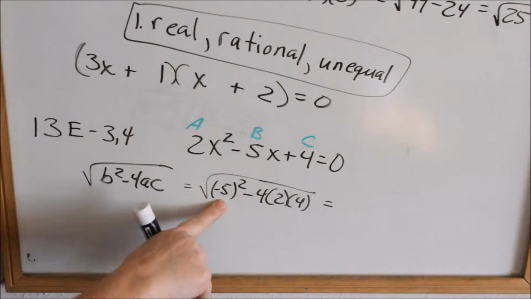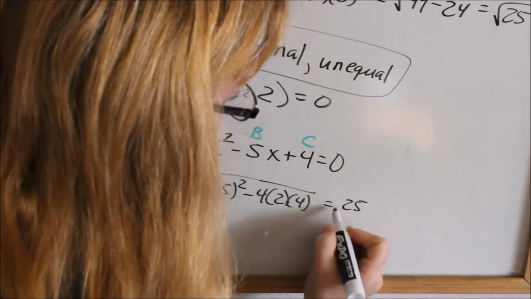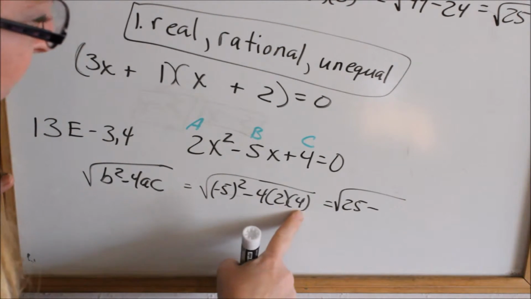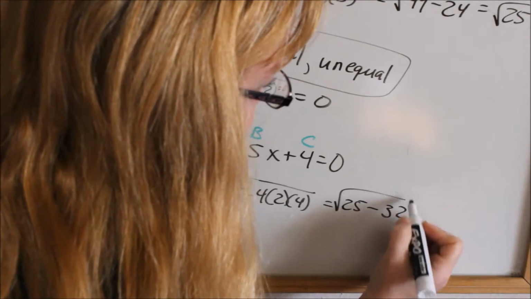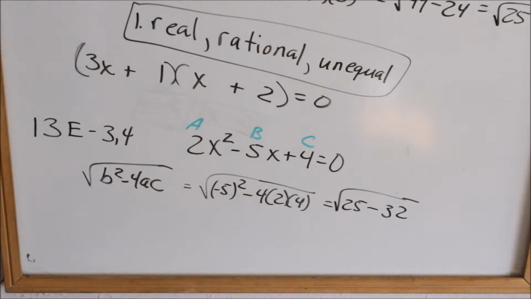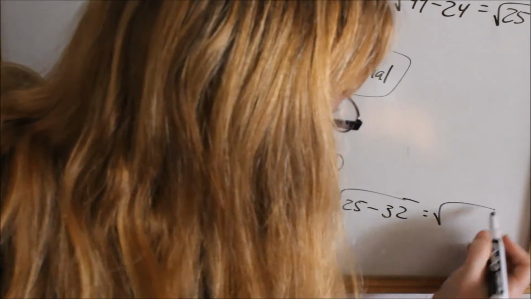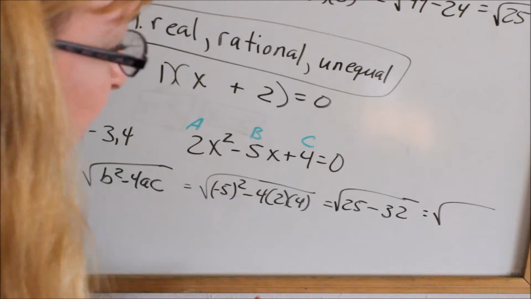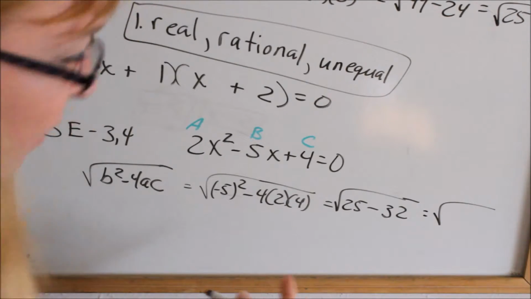Alright, -5 squared, that'd be a positive 25. Minus 4 times 2 is 8, times 4 is 32. That would be 25 minus 32. What kind of number are we going to get? Positive or negative? Negative.